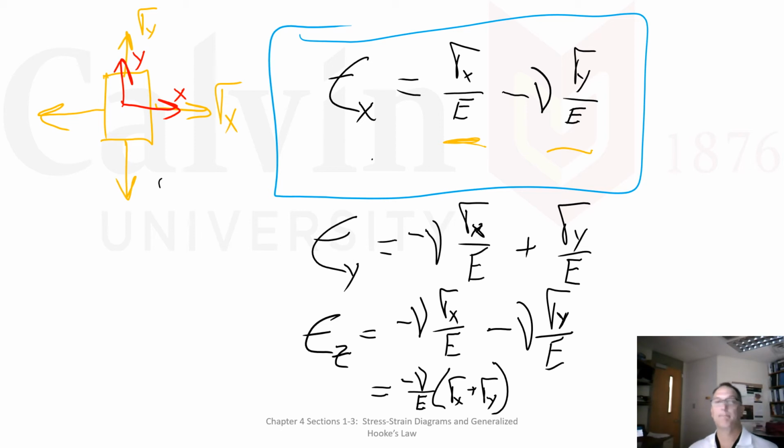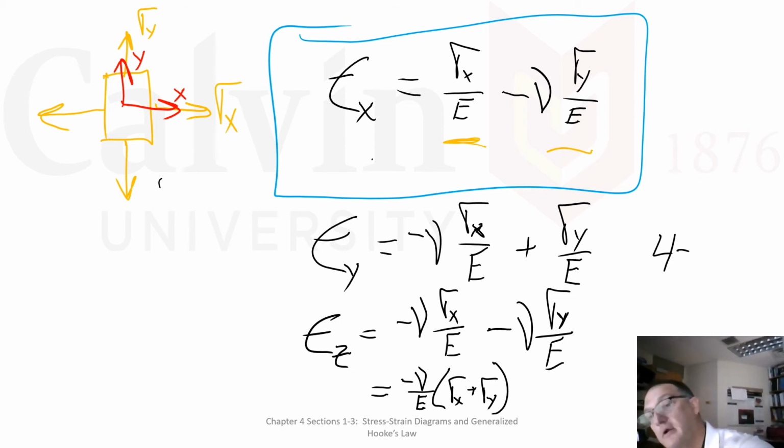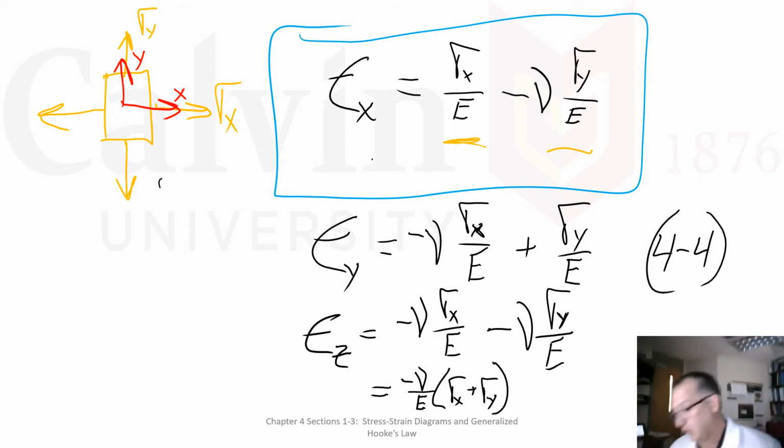All right. That actually gets us a long way. If we rewrite those as my equations 4-4, oh, sorry, that's not correct. 4-4 is the one-dimensional.